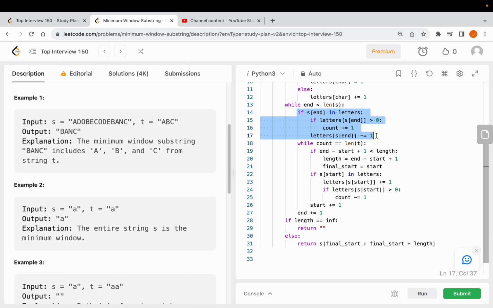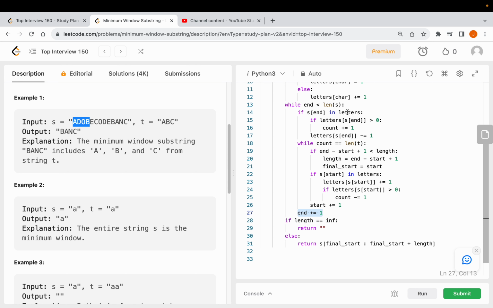We increment end to look at the next one. Next one is D. It is not in the letters dictionary, so we don't do anything, and it's not going to give us more count. So we just traverse to the next one. Same thing. Now we have B, so the current window is ADOB.